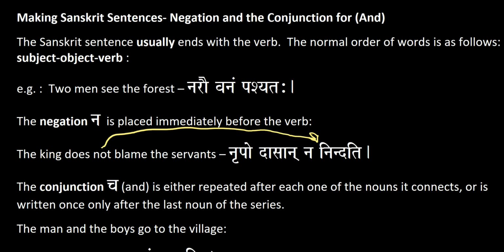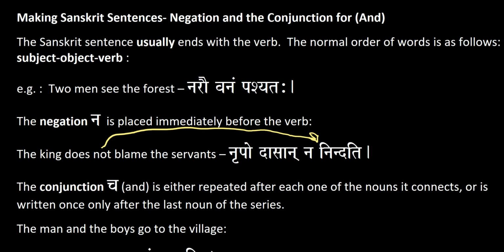You could say nripo nanindati dasan. You could say nanindati nripo dasan. You could say nripo dasan nanindati. Whatever order, just make sure that your na is before your actual verb when you're making the negations. You could still move it around, just make sure that na and the verb are together.